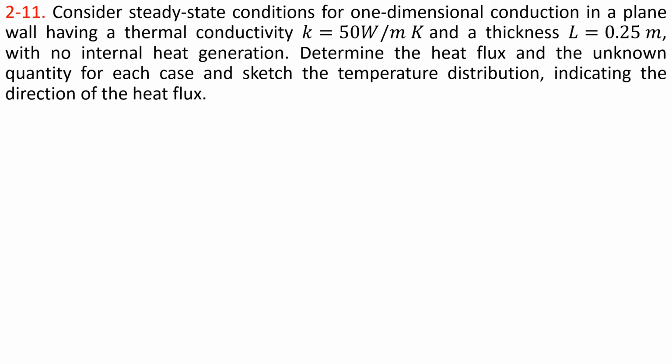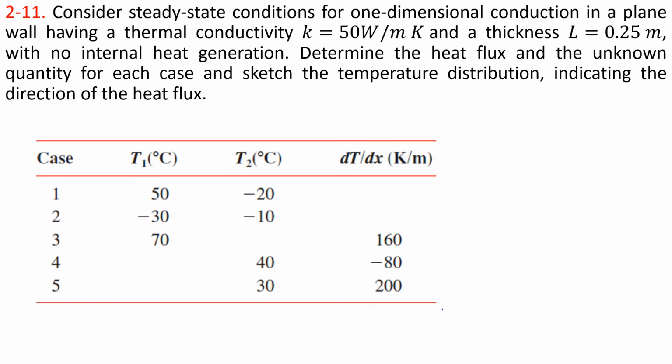Determine the heat flux and the unknown quantity for each case, and sketch the temperature distribution indicating the direction of the heat flux. We have 5 cases for which in some cases we know the value of T1, we know the value of T2, and in some cases we know the value of dT by dx.